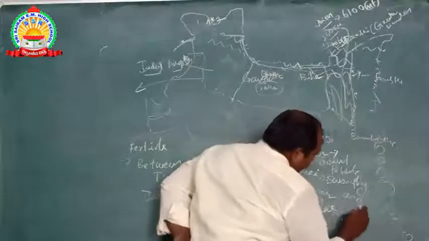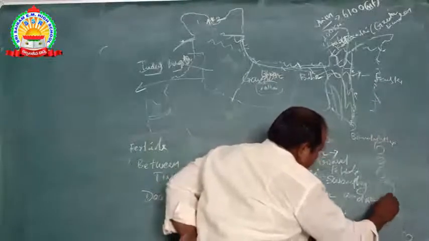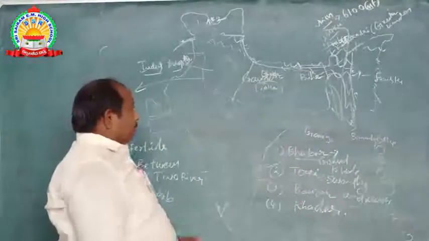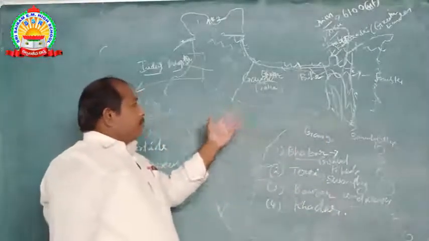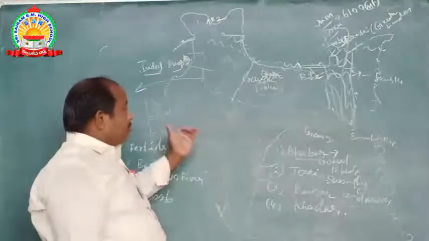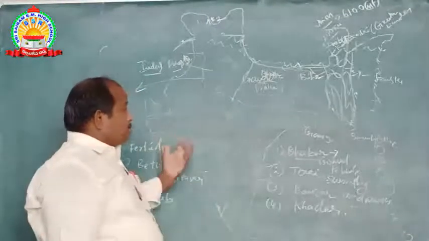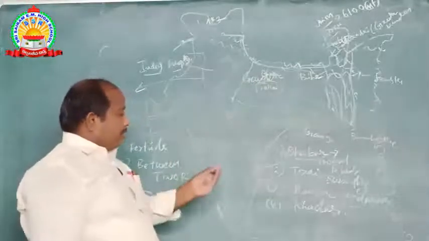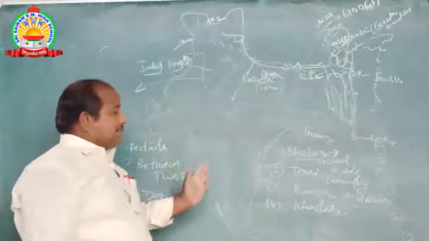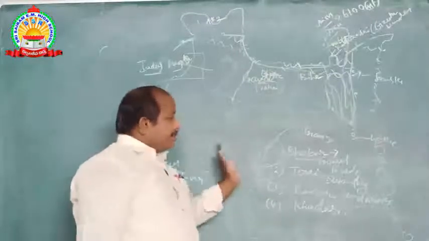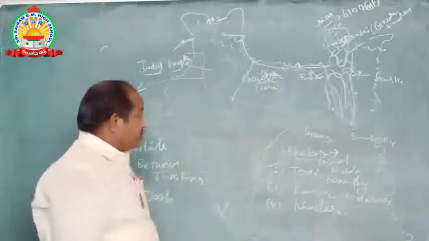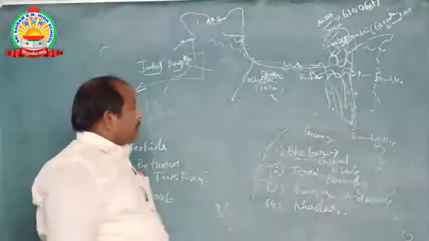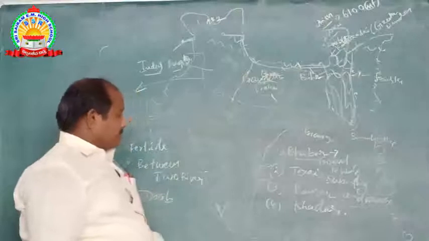Before independence, it was full of trees and vegetation. After we got independence, the forest was cleared and cultivation became possible, and from then on many crops were cultivated.